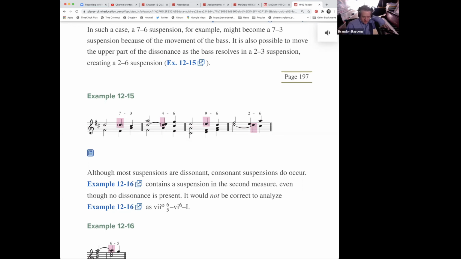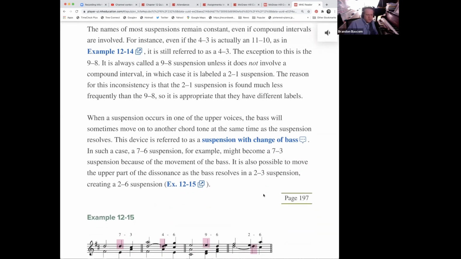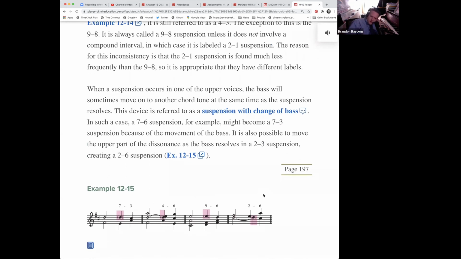So they're saying in our book here, when a suspension occurs in one of the upper voices, the bass will sometimes move on to another chord tone at the same time as the suspension resolves. This device is referred to as a suspension with change of bass. In such a case, a 7/6 suspension, for example, might become a 7/3 suspension because of the movement of the bass. It is also possible to move the upper part of the dissonance as the bass resolves in a 2/3 suspension, creating a 2/6 suspension.